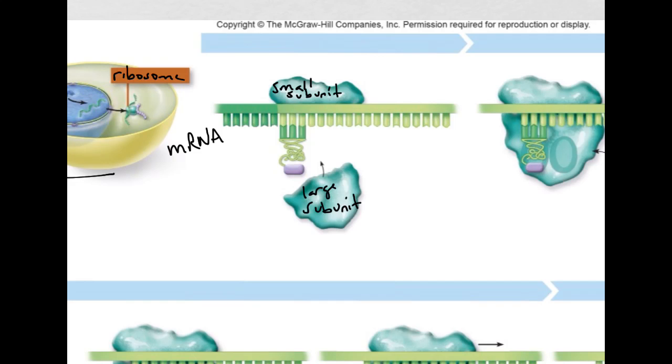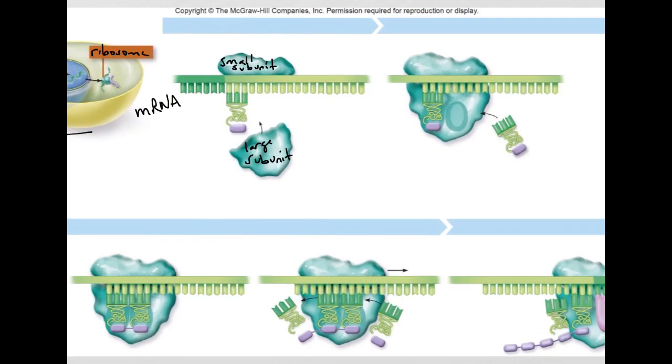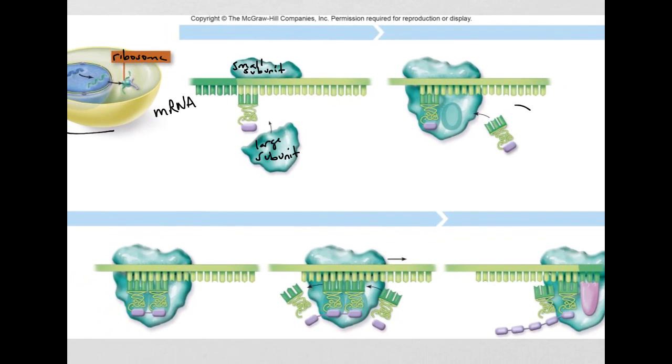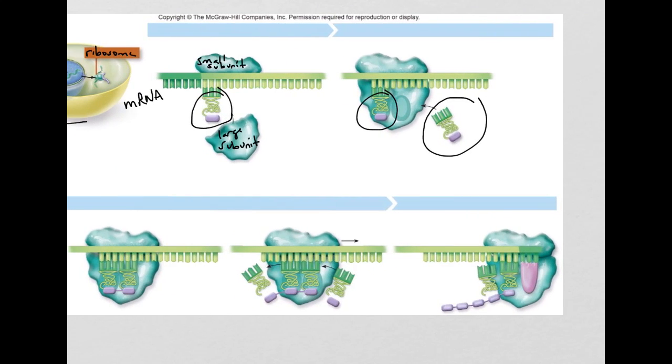We also have, to make sure we know what things are here, these structures here, here, and here, and then you can see other ones at the bottom. These are tRNA.